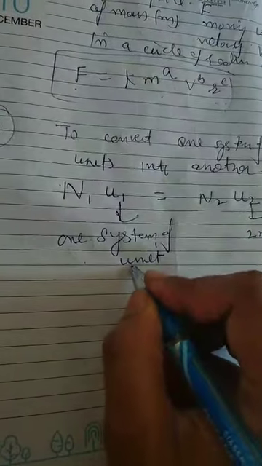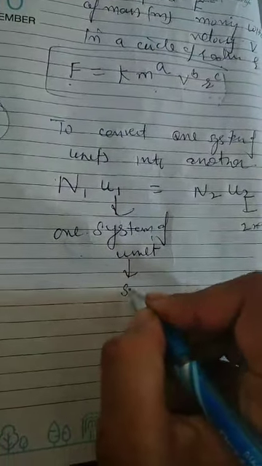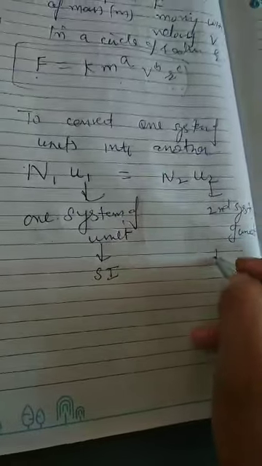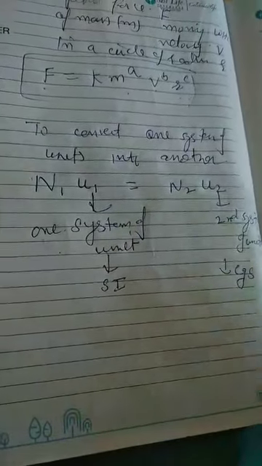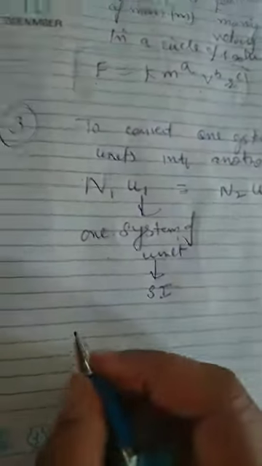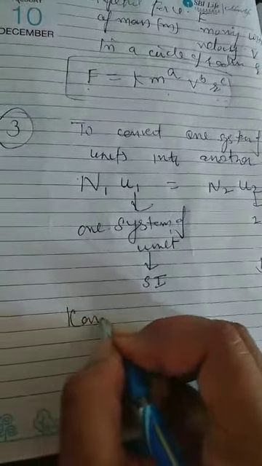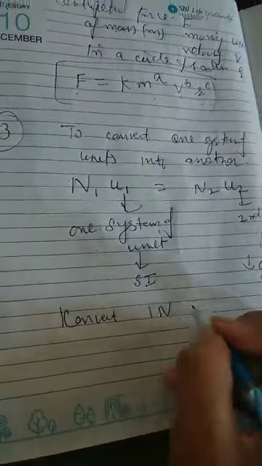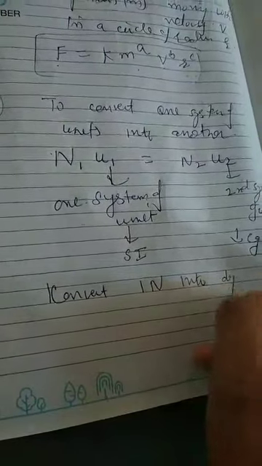In this case, let us suppose that this is the SI system and this is the CGS system or any MKS system. Now our question is: convert 1 Newton into dyne.